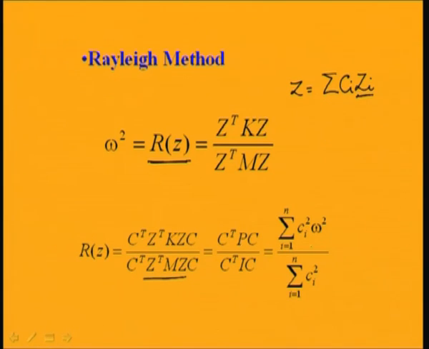So, it will be summation i equal to 1 to n of C i square omega i square by summation C i square. By using this formula, you can find the frequency.